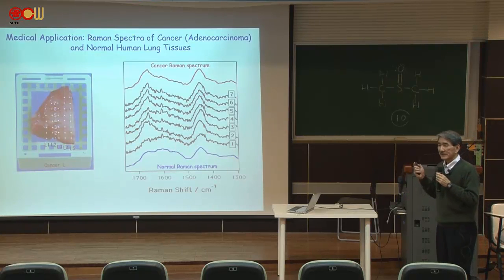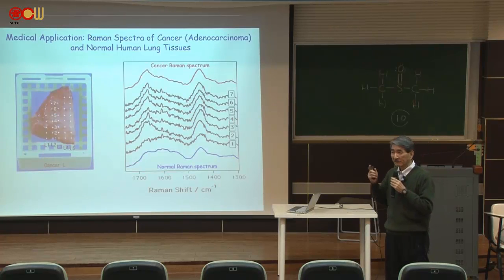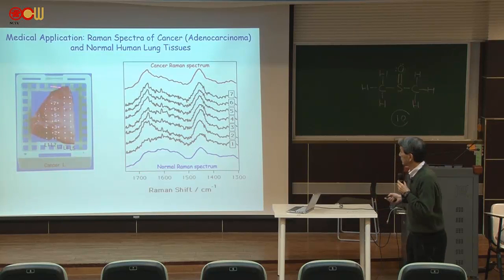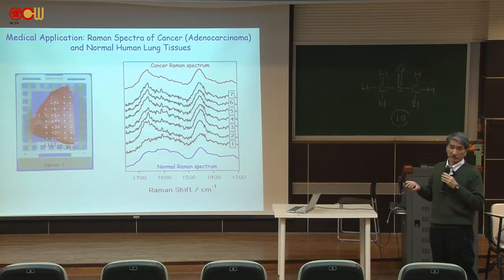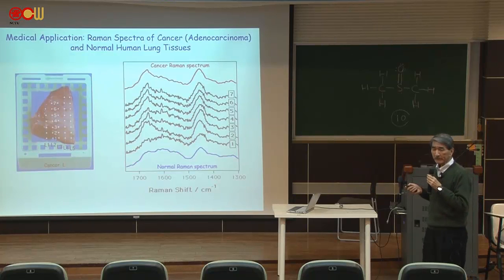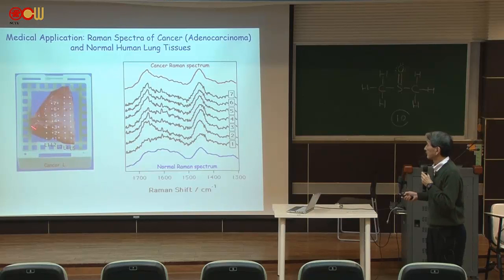So in the surgery, it is very important to determine the boundary of cancer. If you cut out normal tissues, in very big normal tissues, that's not good for the patient, of course. But if you cut in a smaller size, then there is some remaining cancer.